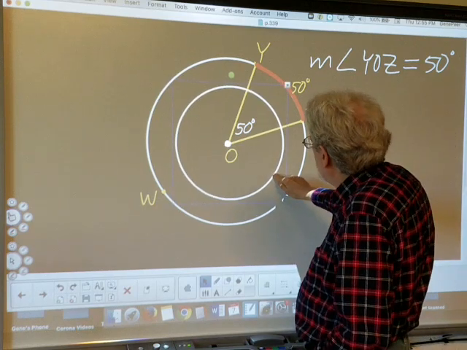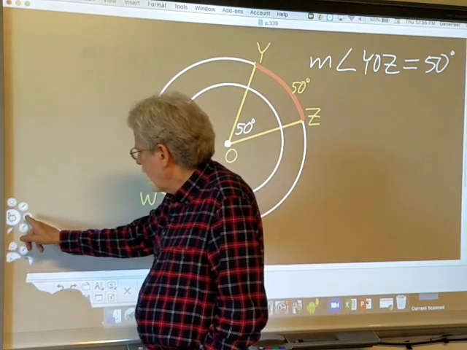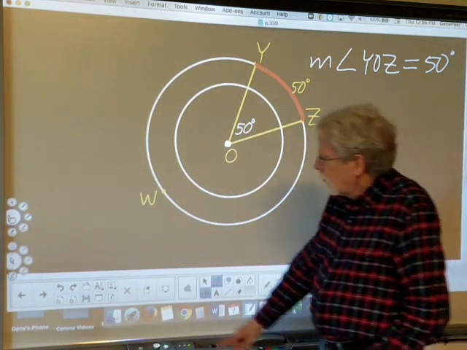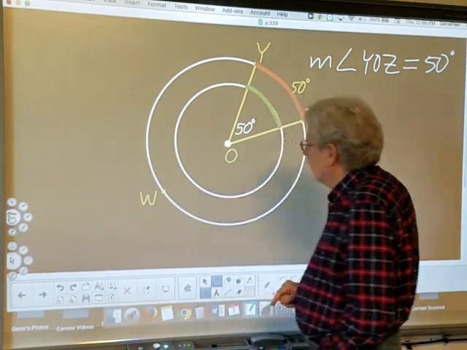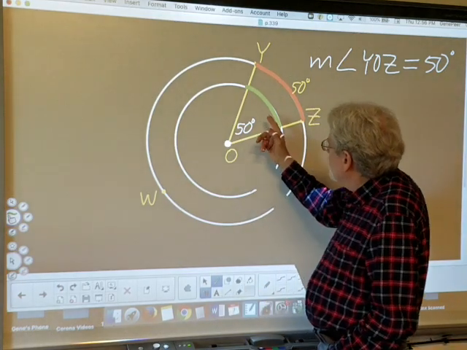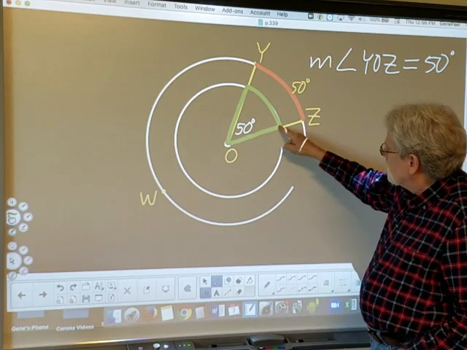Okay, what if I happen to have two circles with the same center? What's the measure of the green arc? Well, by definition, the arc's measure is equal to the measure of its central angle.